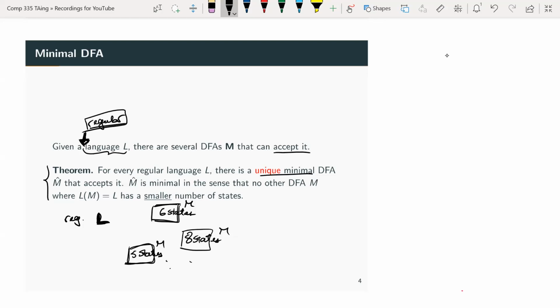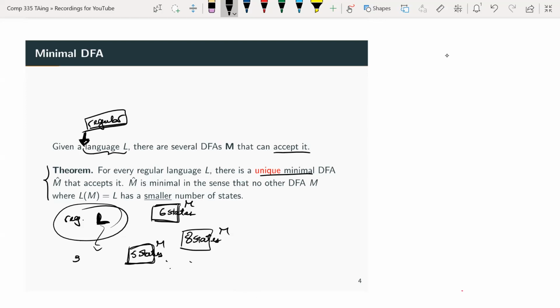But this theorem tells us that in fact there is a unique minimal number of states that any DFA accepting a given regular language has. Okay, so meaning that for a particular regular language, there exists a minimal number of states for a DFA to accept it. So for one particular language, perhaps the smallest number of states to accept that language could be 3.